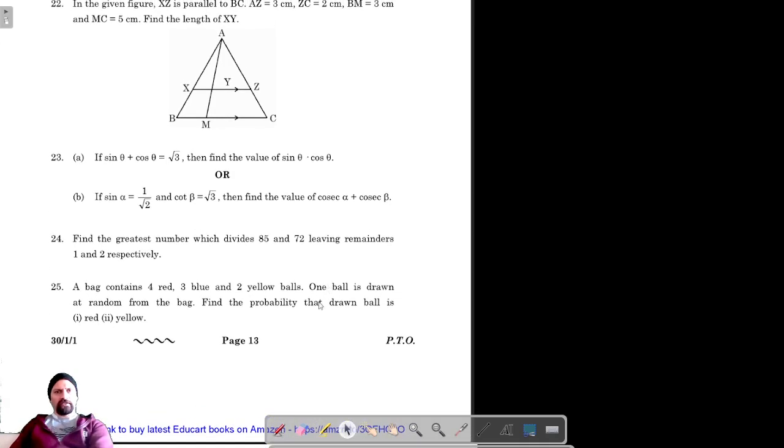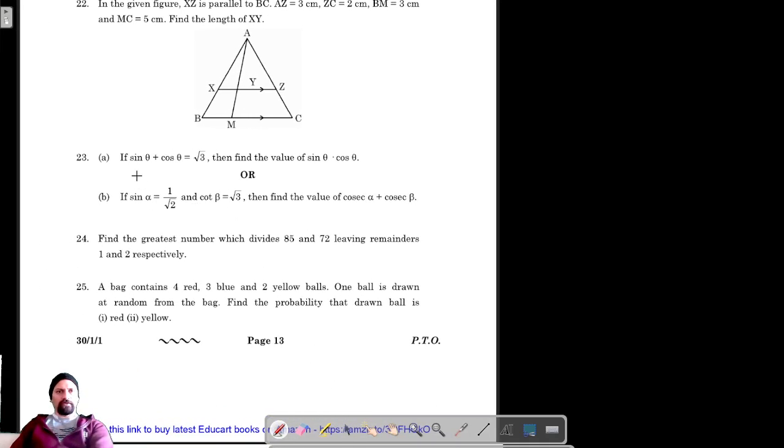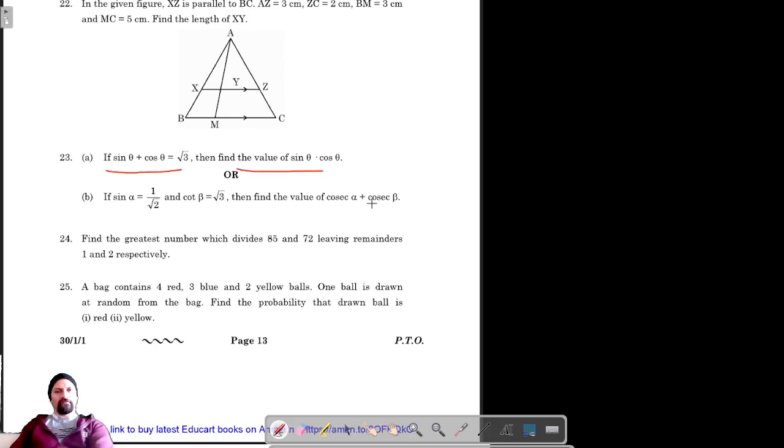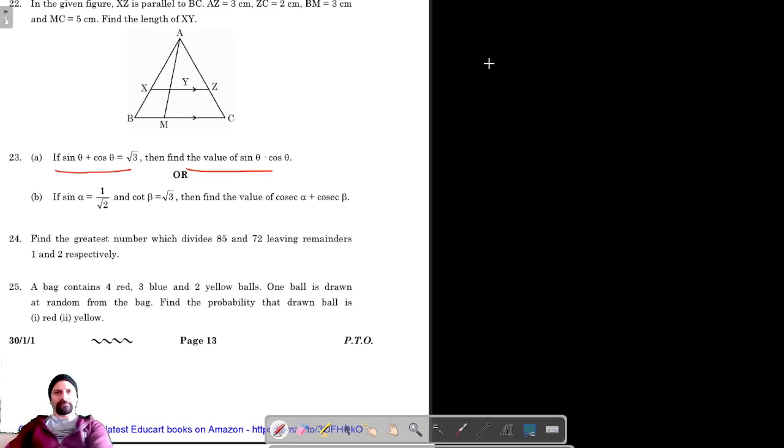It's given that sine theta plus cos theta is equal to root 3, and we have to find the value of sine theta into cos theta. Now squaring on both sides will give us sine theta into cos theta.